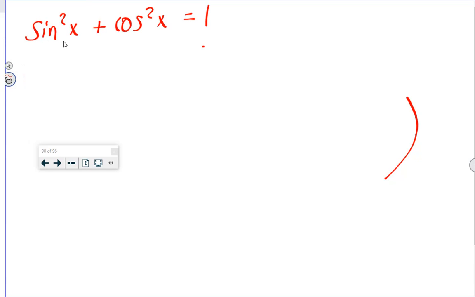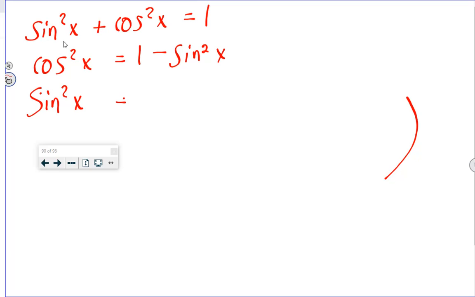You should also remember that cos squared of x is 1 minus sine squared of x. And you should also remember sine squared of x is 1 minus cos squared of x. Remember me telling you now you have more things to remember because that identity has at least 3 different forms? Well, there's another form it has.